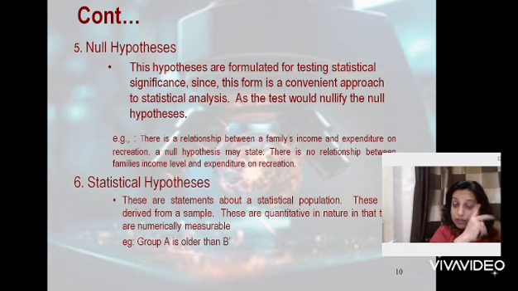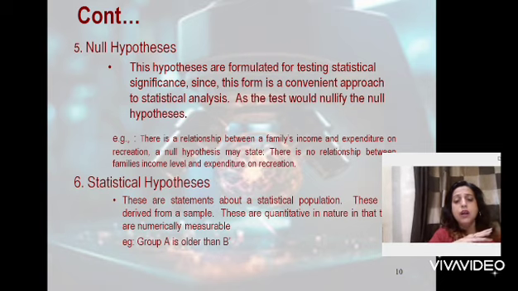Next we have the null hypothesis. Now, why are null and alternate hypotheses two sides of the same coin? Because in the null hypothesis, we are showing that there is no relationship between two particular variables, and in the alternate we are going to show that there is a relationship between family's income, as in this case, and expenditure on recreation.